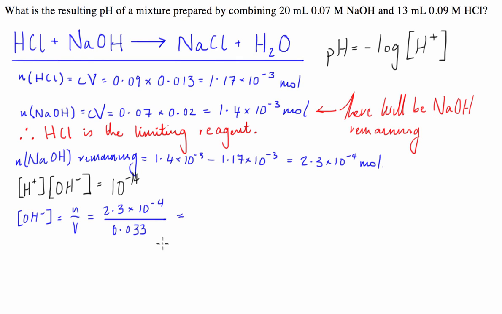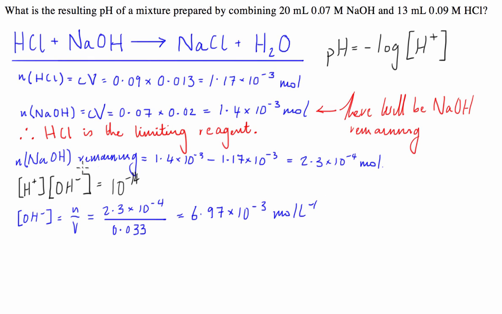And if we jam that into a calculator, we get 6.97 times 10 to the negative 3 moles per litre.